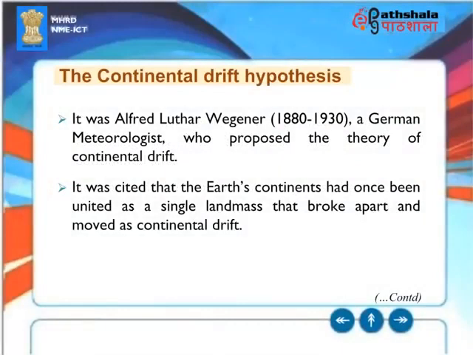The continental drift hypothesis. It was Alfred Lothar Wegener, 1880 to 1930, a German meteorologist, who proposed the theory of continental drift. He proposed that the Earth's continents had once been united as a single landmass that broke apart and moved as continental drift.